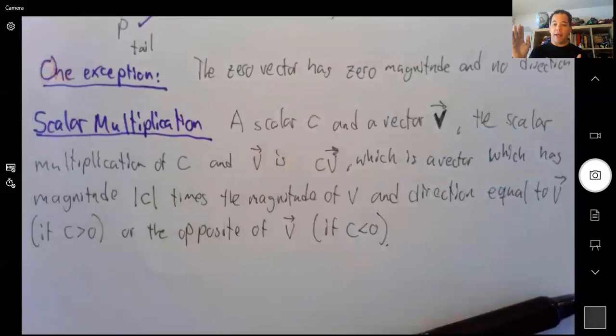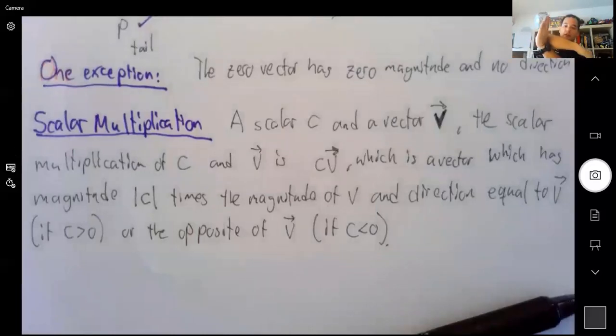If we multiply it by 1/2, we're going to have a vector in the same direction, but half as big. If you multiply by a negative number, what happens is that you also multiply the magnitude. So if you multiply by -10, what you're going to do is make the vector 10 times as big, but then point it in the opposite direction. All right?